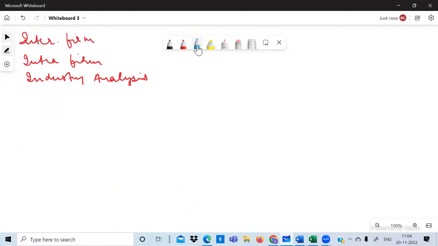Let's look at inter-firm. Can you tell me what do you mean by inter-firm analysis? Any vague idea? What do you think would be an inter-firm analysis? Like Tata with Mahindra, fine.